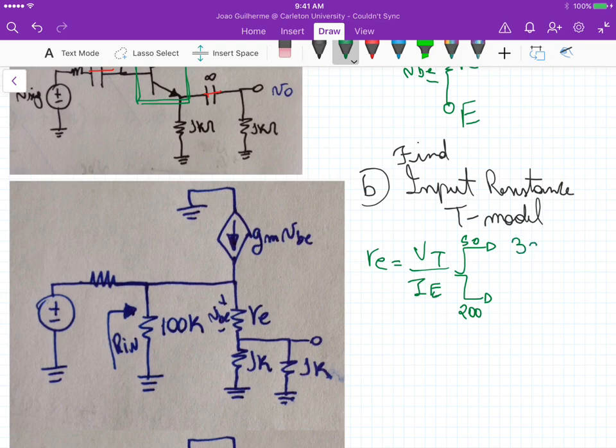So it gives us 32.05 ohms for beta equals 50. And for beta equal to 200, we have 25 millivolts for VT divided by the emitter current, 1.54 milliamps, and that's equal to 16.23 ohms. Okay, so the values of RE change.